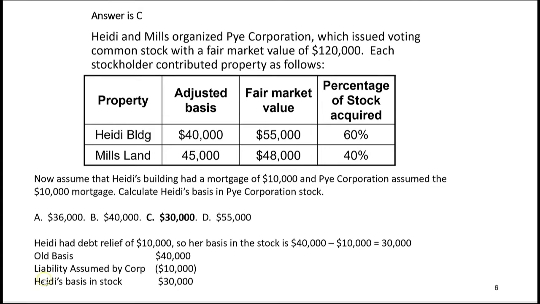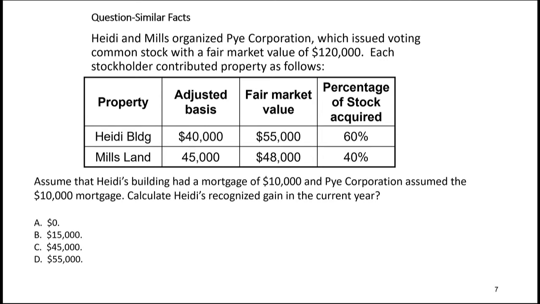Because she's getting rid of a mortgage. We call this debt relief. The liability being assumed by the corporation gives Heidi debt relief, and debt relief is either taxable now or taxable later. In this case, it's going to be taxable later because she still has a basis remaining in the asset being contributed.